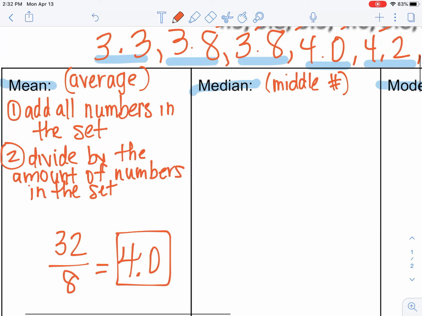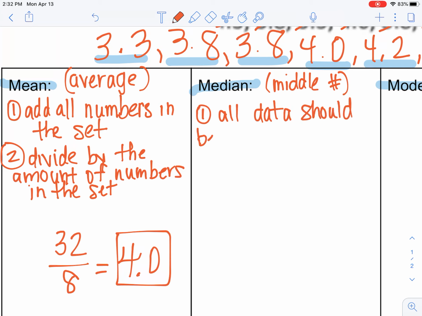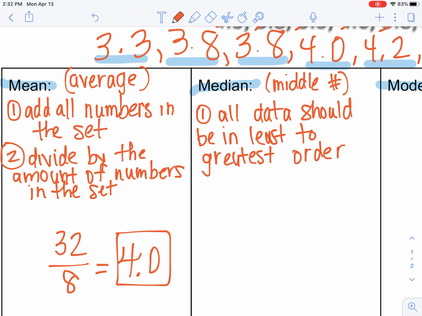So step 1, all data should be in least to greatest order. And then we're just going to go from the outside in.